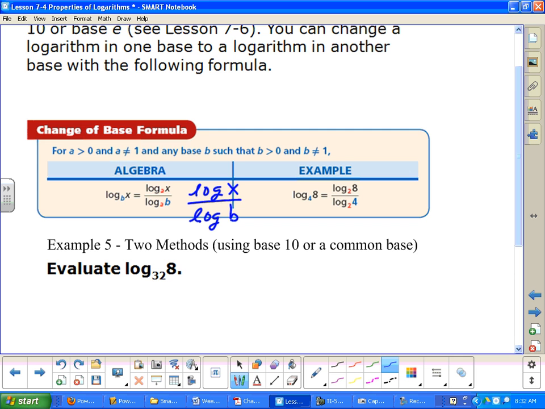So where they said log base 2 of 8 and the log base 2 of 4, well, that makes sense also because the log base 2 of 8, 2 to what power is 8? 3. So this equals 3. And the log base 2 of 4 is 2. So that equals 3 halves. Okay. So the nice thing about doing it this way, using a base that actually works with your numbers, is you can do it mentally and find it, instead of having to punch it into your calculator.